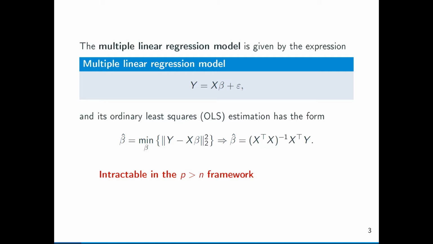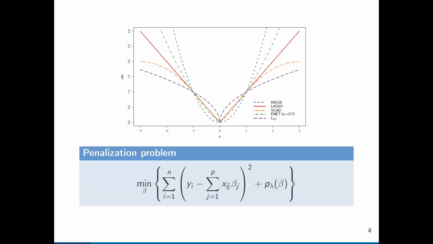In order to relieve these problems and to give alternatives, in the literature it is quite common to add a penalization to the OLS problem. This penalization is given by a functional P, which depends on a regularization parameter lambda, which always takes values greater than 0, and is applied over the beta vector.